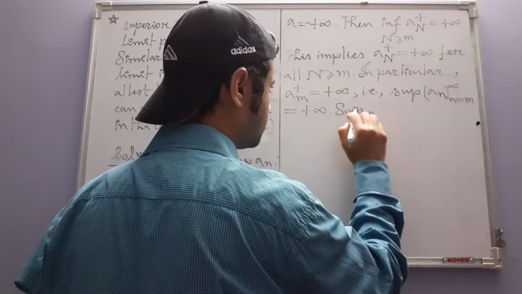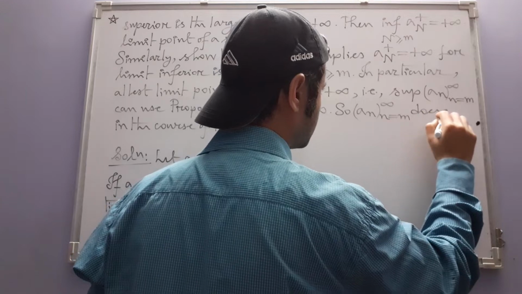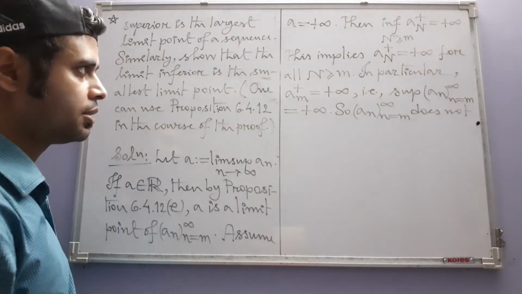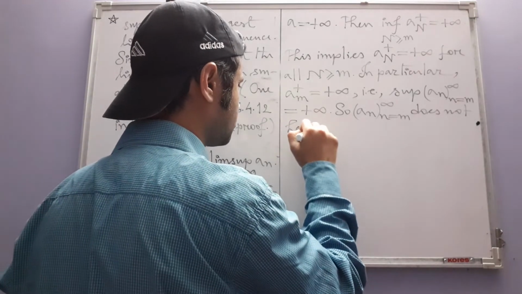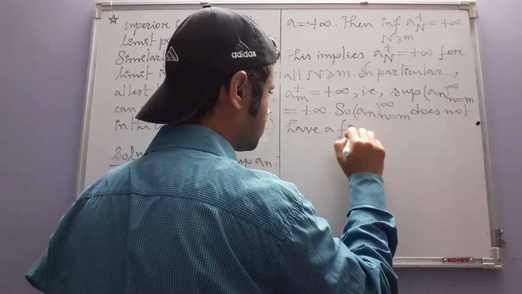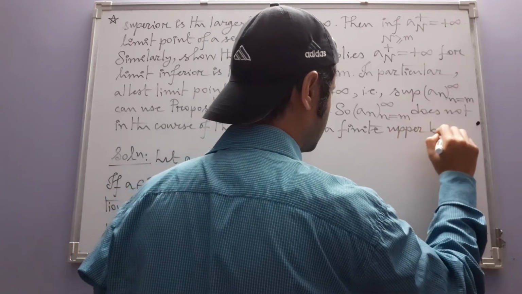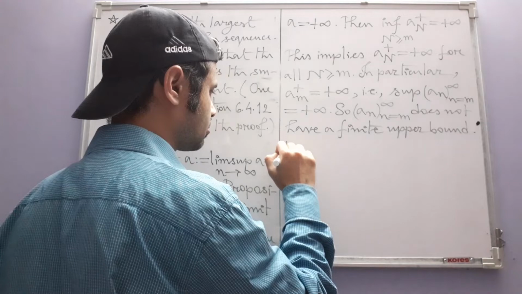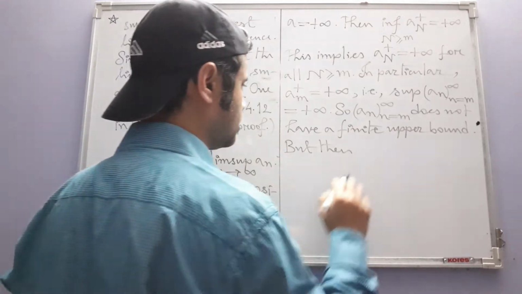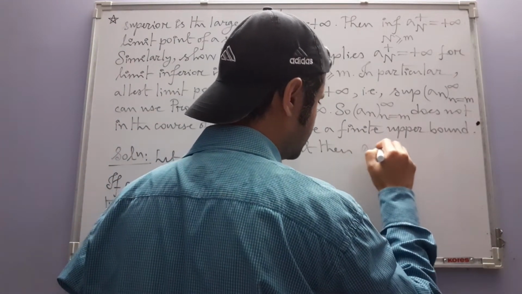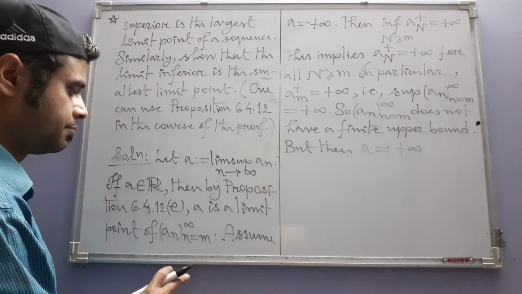So our sequence's supremum is plus infinity, which means the sequence does not have a finite upper bound. But then by the definition we have seen in this exercise, plus infinity is a limit point.